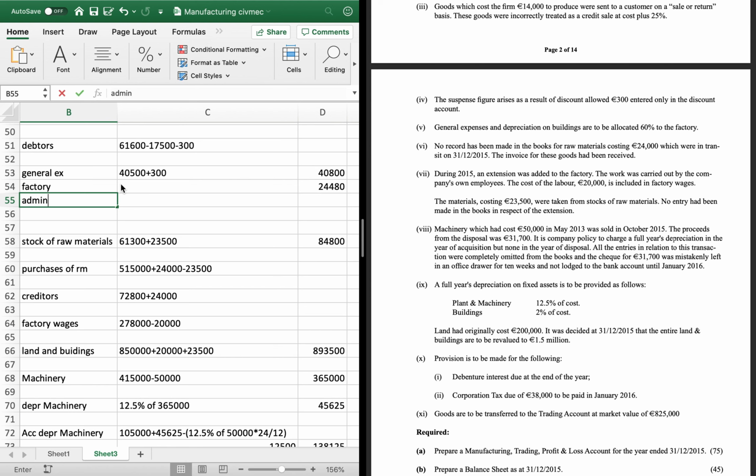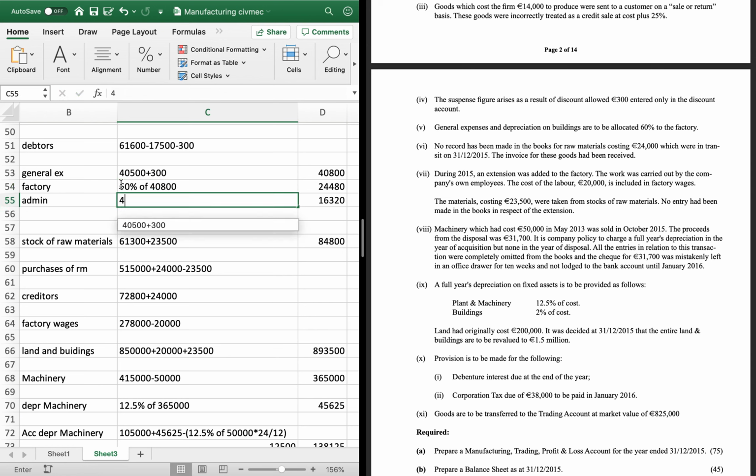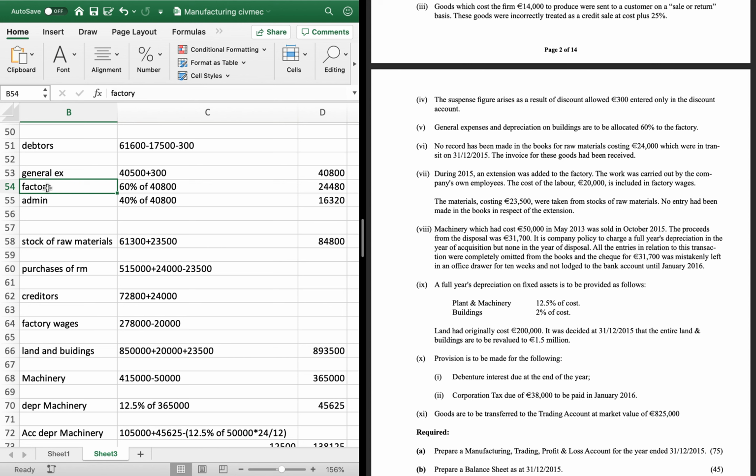And then our admin will be 40%. So 60% of 40,800 and 40% of 40,800. So that'll give us the 16,320 for that. Okay, so they're the two that we're putting in.